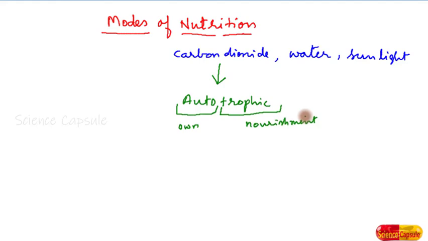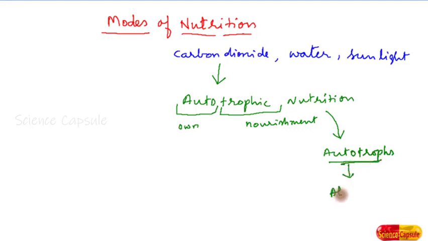When a living organism makes its own food by making use of simple substances, such a type of nutrition process is called autotrophic nutrition, or autotrophic mode of nutrition. And the organisms which come under this category, that is the organisms which prepare their own food, are known as autotrophs.